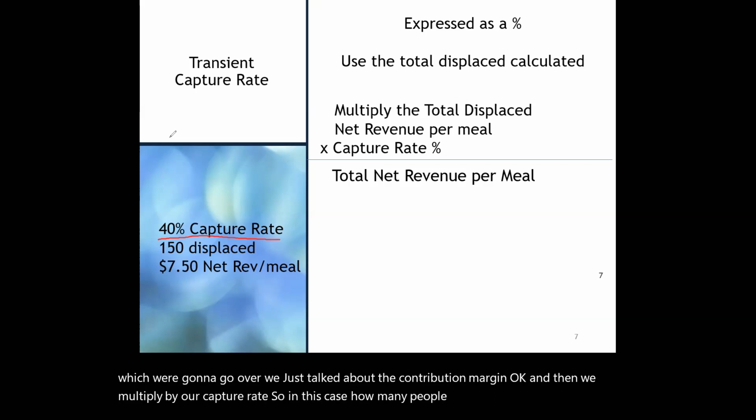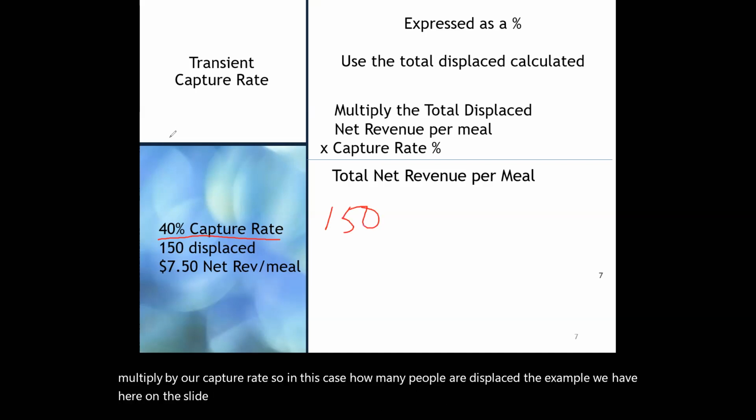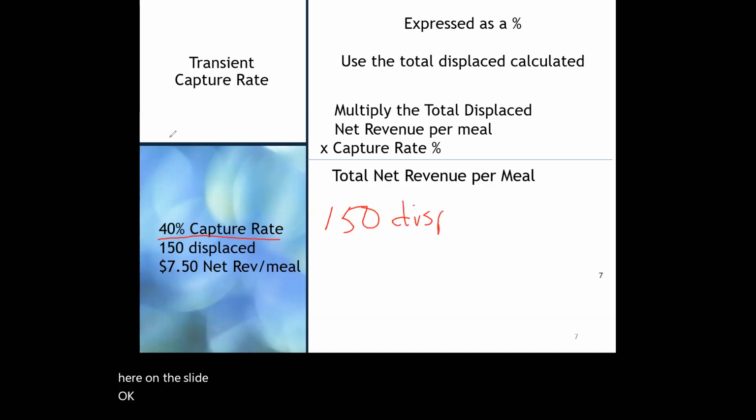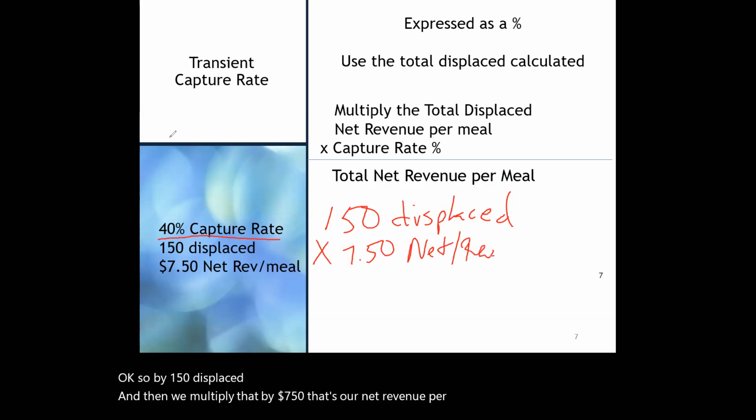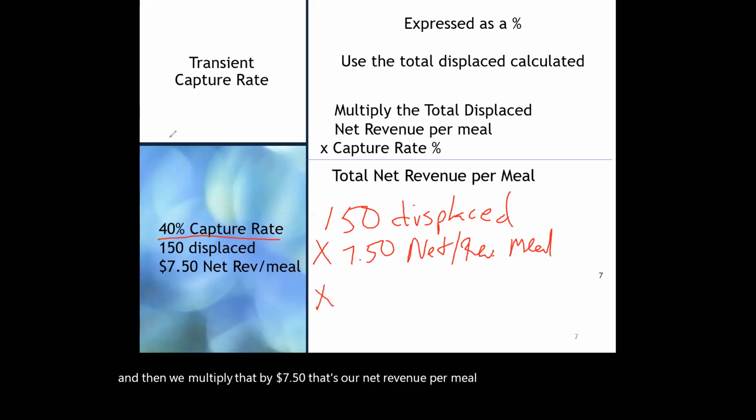The example we have here on the slide is 150. So you have 150 displaced, and then we multiply that by $7.50. That's our net revenue per meal. And then we take it one step further and we multiply it by 40%.